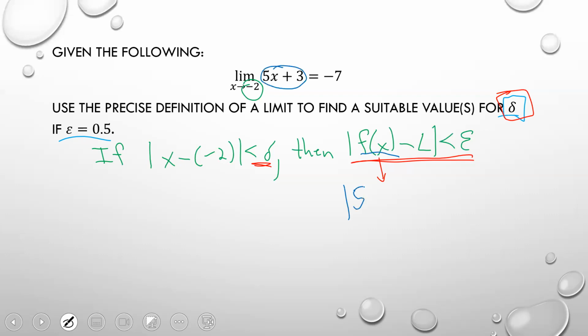So 5x plus 3 minus the value L here is the actual limit value, so -7. Okay, and that all has to be less than the value for epsilon, which we're given over here, which is 0.5. Okay, and believe it or not, by doing this, we'll be able to find a suitable value for delta.